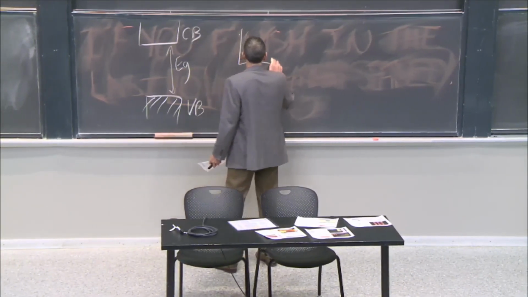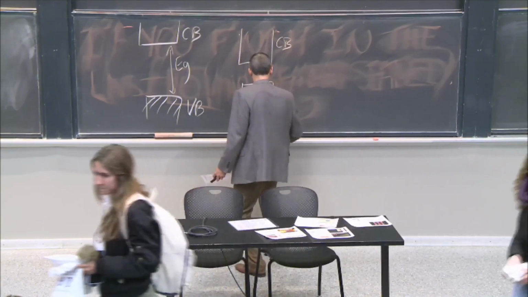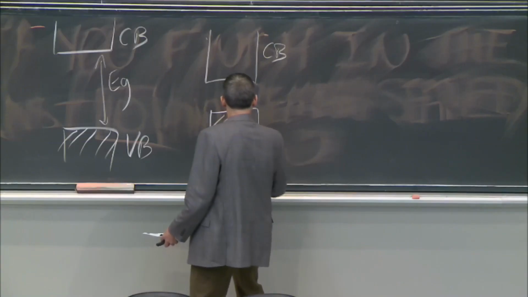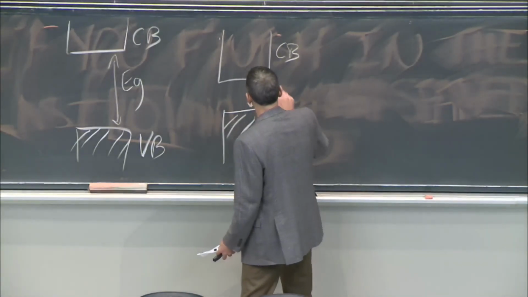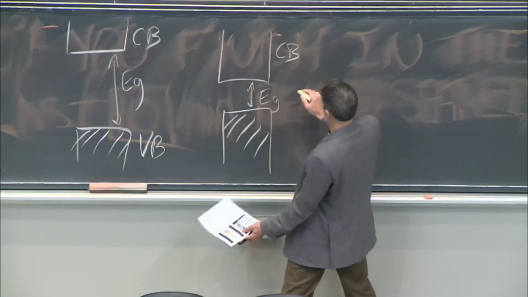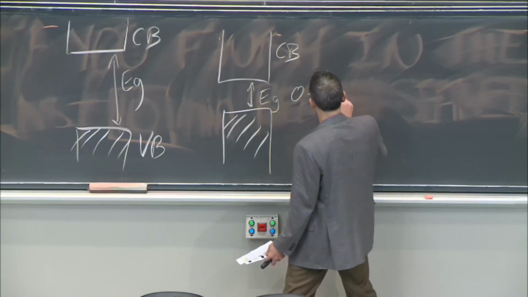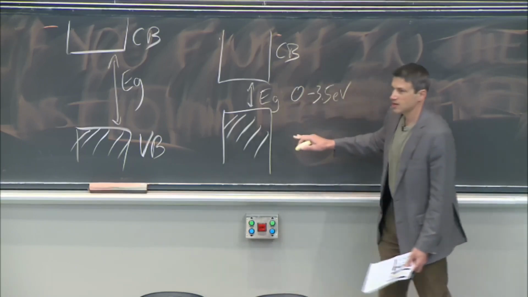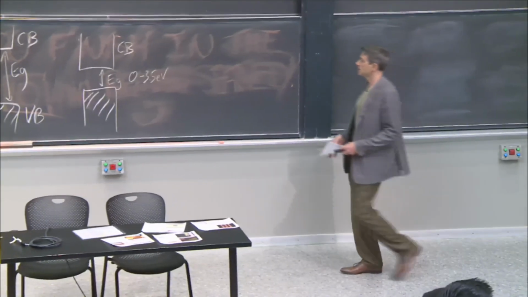And the one in between we talked about a lot on Wednesday: if the gap is between 0 and 3.5 eV, then that's a semiconductor. That's in your goodie bag. We talked a lot about semiconductors.